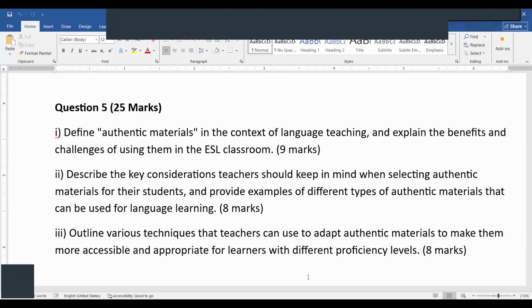And then the last question is: outline various techniques that teachers can use to adapt authentic materials. And we discussed them also in detail. How can teachers adapt?